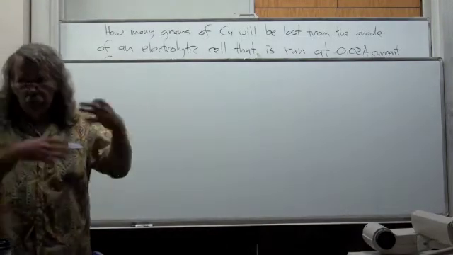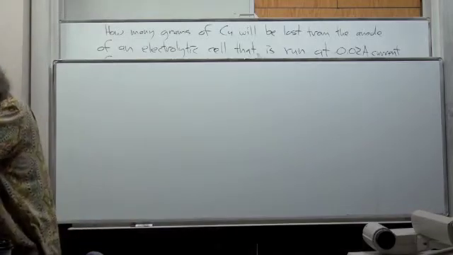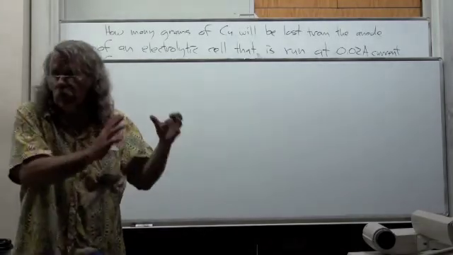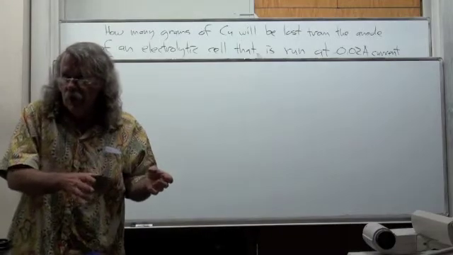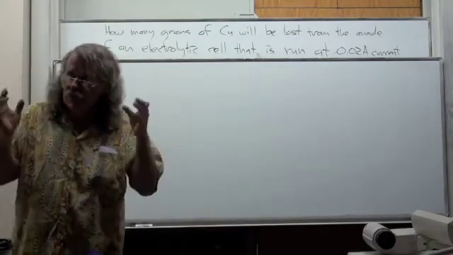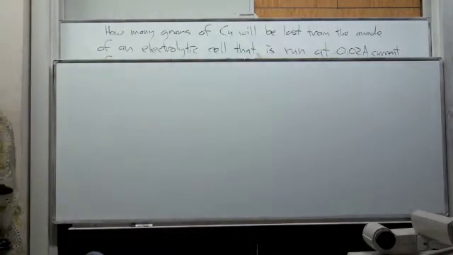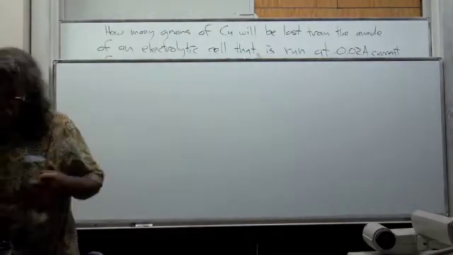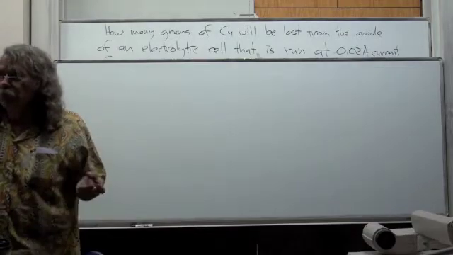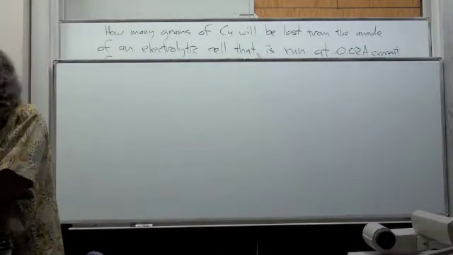And since the state function is equal to 0, the first law tells us delta E is equal to Q plus W, and Q plus W had to be equal to 0.